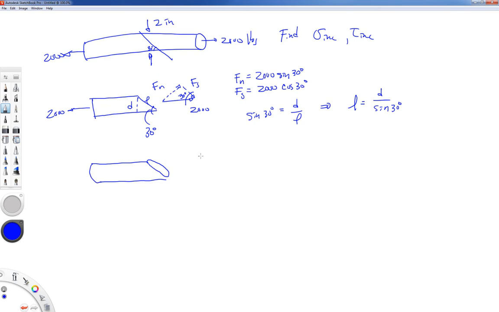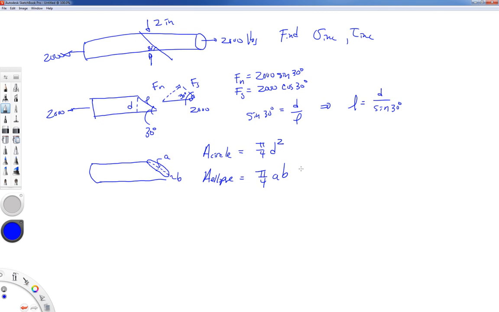Now the area of an ellipse is very similar to the area of a circle. Circle is just a special form of the ellipse. The area of a circle we've been using is pi over 4 d squared. The area of an ellipse is going to be pi over 4, the major diameter times the minor diameter. Okay, so that would be like our minor diameter, and that distance there would be our major diameter.